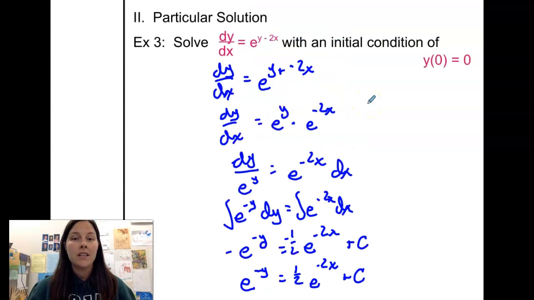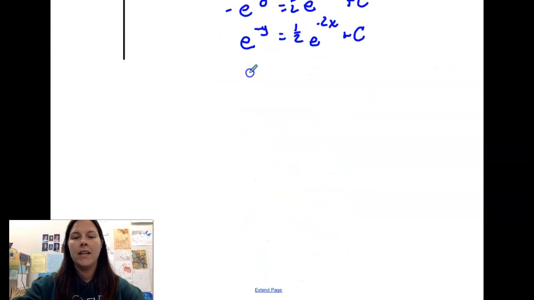This one was a particular solution, so we need to sub in that initial condition of 0, 0. We get e to the 0 equals 1/2 times e to the 0. E to the 0 is 1.